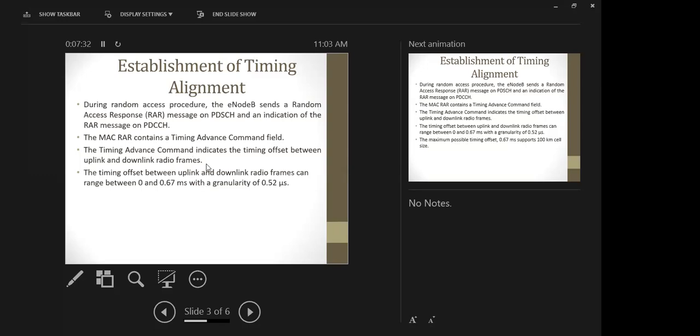So here it sends some bits, which is the first step in the random access procedure. But when the node receives those bits, it knows definitely the time instant compared to its own downlink radio frame, beginning of the radio frame when it is receiving. Okay.